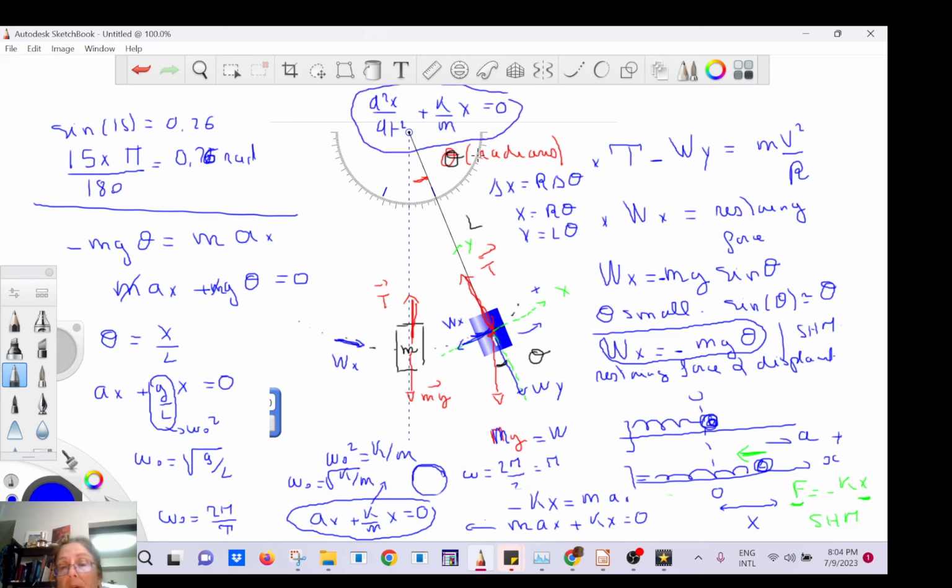And we're going to see in the coming lecture how to solve for x. But this is a simple second degree differential equation. And you see that you get exactly the same form here.